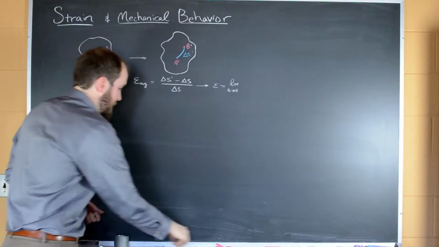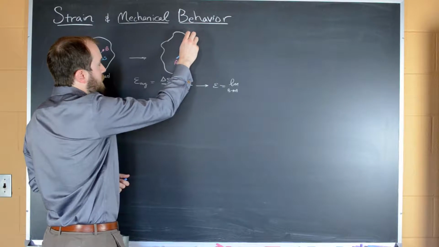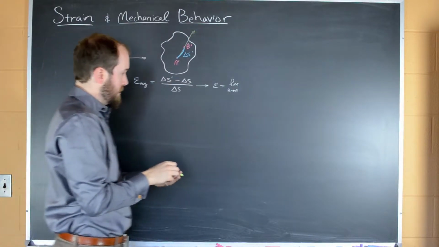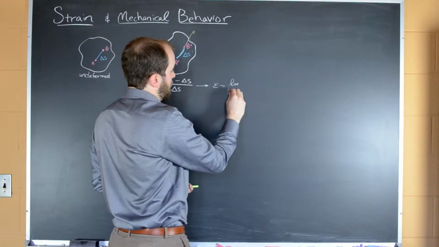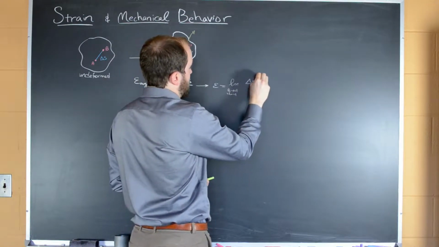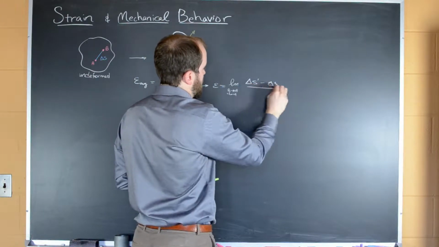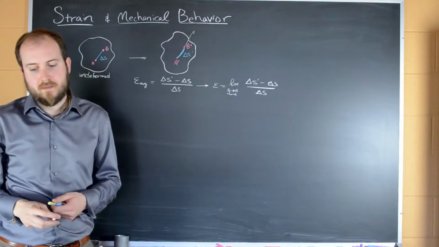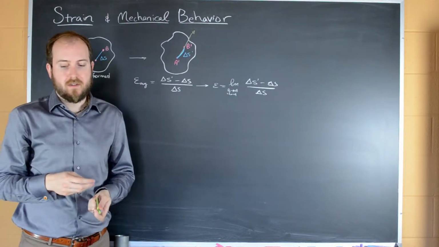And we want to do that along the given axis here, along a given line N. And so you could say that we're going to take the limit as B goes to A along N. And we're going to take the limit of this same equation. And that'll give us the strain at a given point within a material after you've applied a deformation to it.